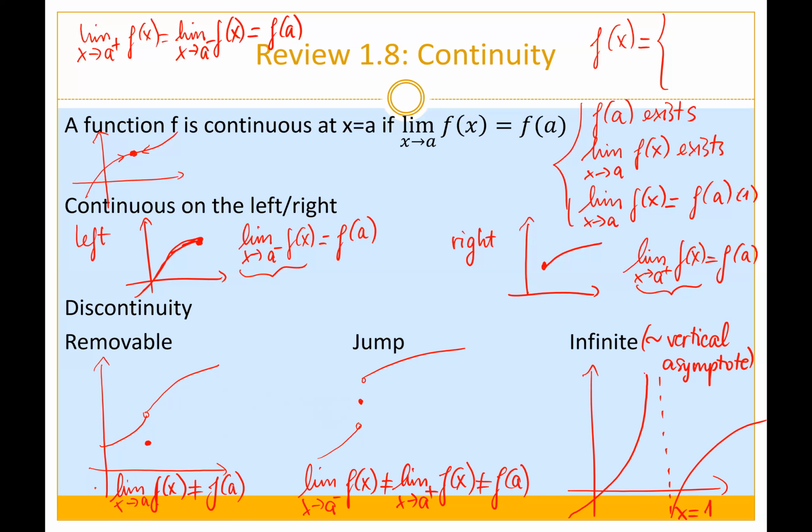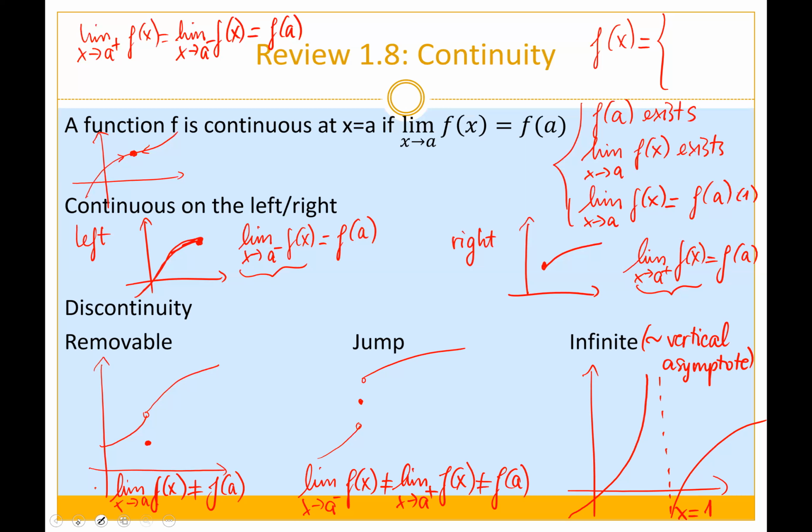I'm not going to go too deep into this, but we're going to continue talking about this in chapter 3, where you learn especially how to graph a function and about asymptotes: vertical, horizontal, and maybe even diagonal asymptotes, line asymptotes. That's how I call it.